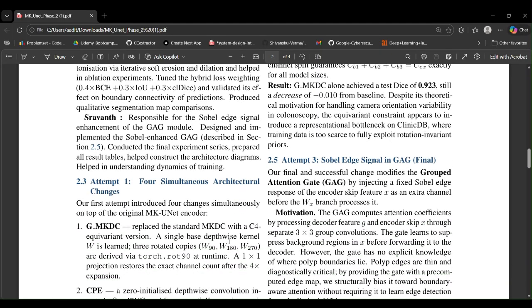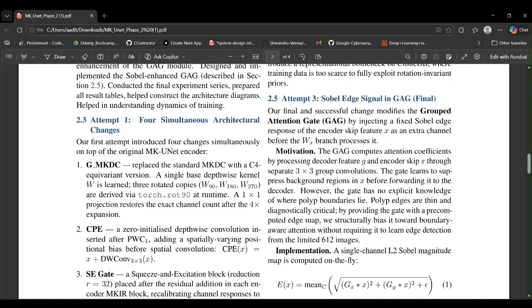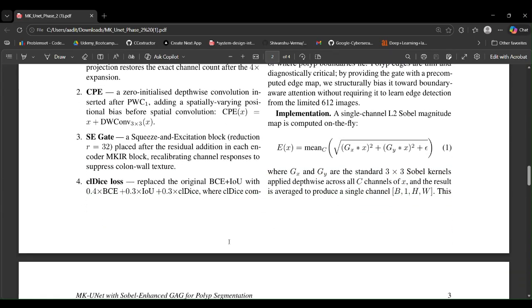After that, we finally thought that we should use a Sobel edge signal. So the Sobel edge signal is a fixed kernel which captures the edges in the x and the y direction of the image respectively. This usually helps us to enhance the borders of the segmented mask, and helps in increasing the training accuracy.